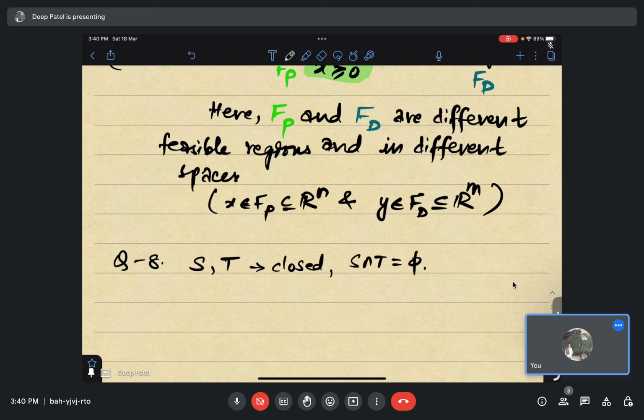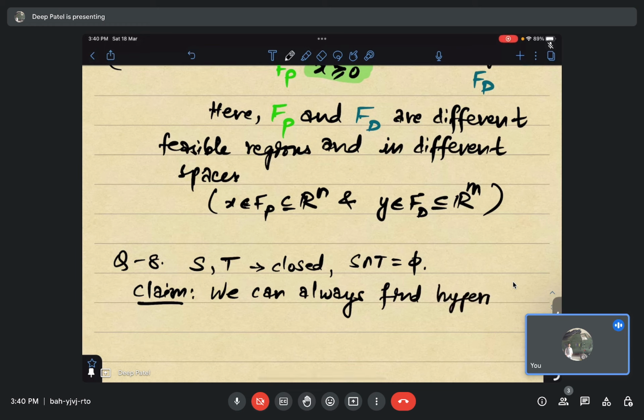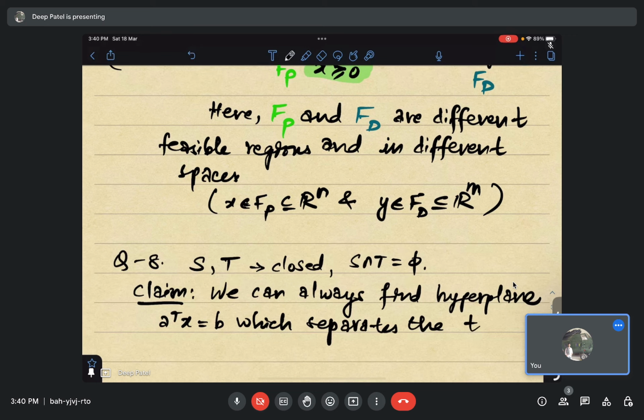Then the claim is we can always find a hyperplane, with normal A, which separates the two sets.